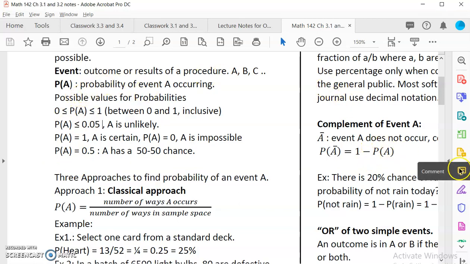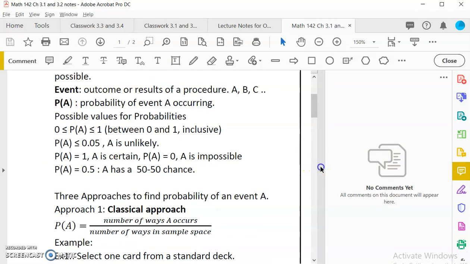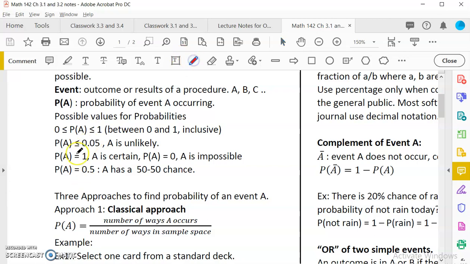Let me give some examples of 50-50. Toss a coin: probability of head or tail, head is 0.5.